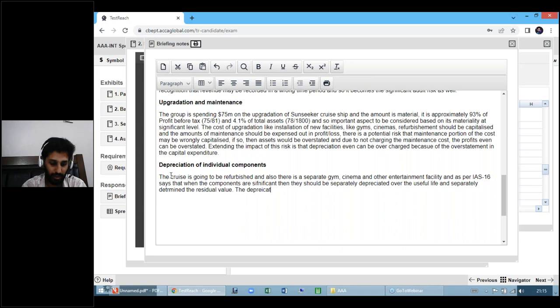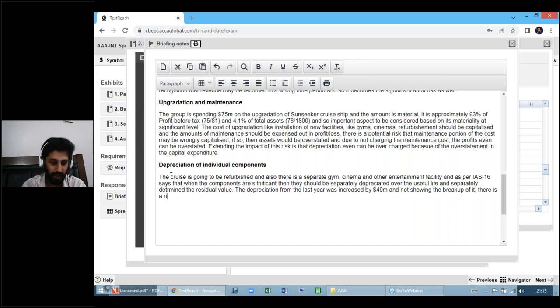The depreciation from the last year was increased by $49 million and not showing the breakup of it.